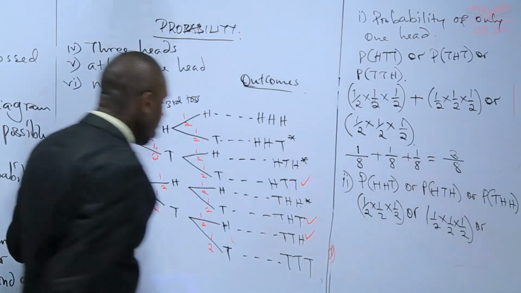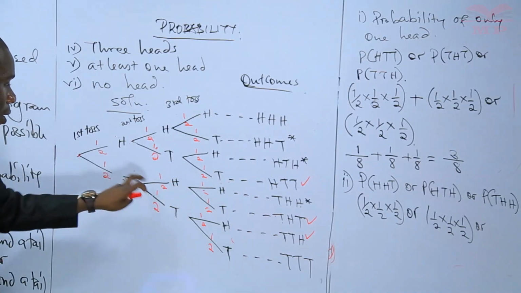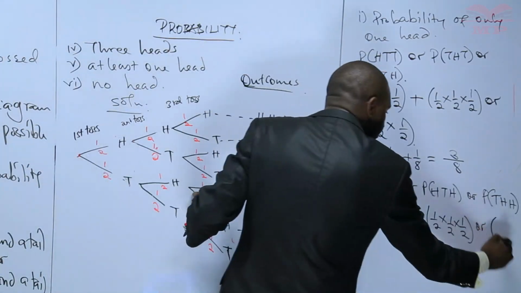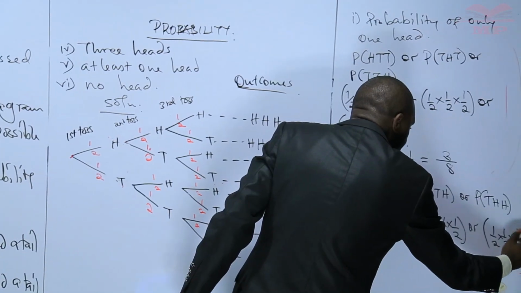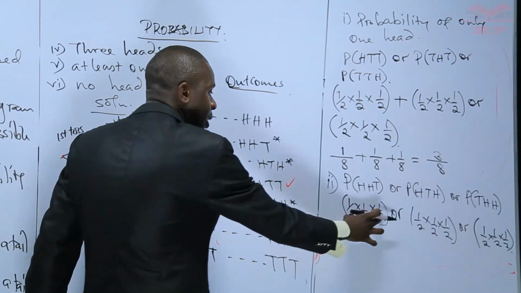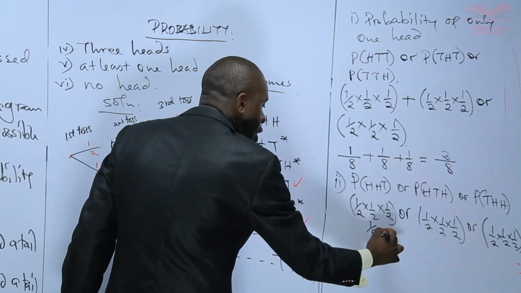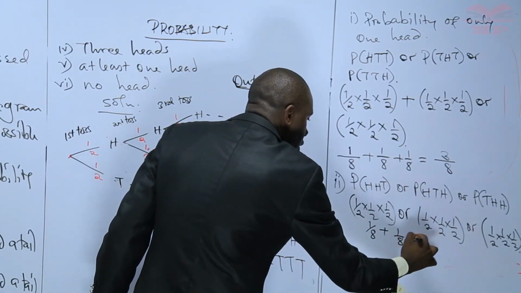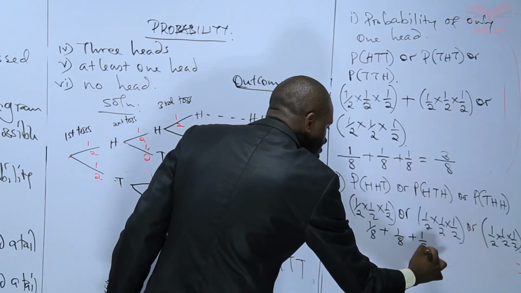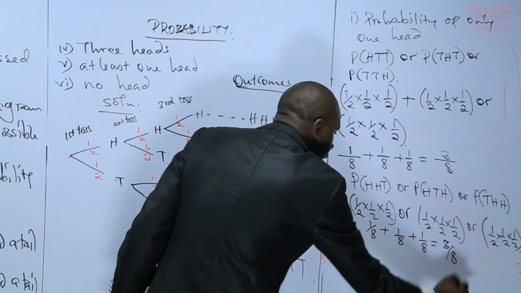Or the probability of tail, head, head. They are all a half. So that will be a half times a half times a half. So in that instance, we will solve this first bracket, which will give us 1 out of 8, plus 1 out of 8, plus 1 out of 8, giving us a total of 3 out of 8.